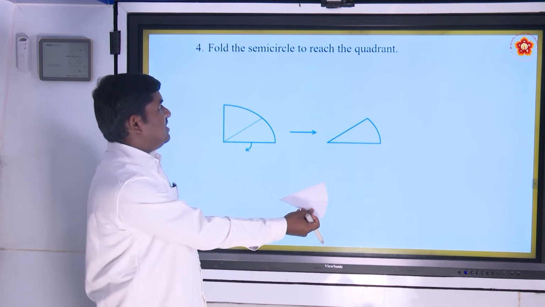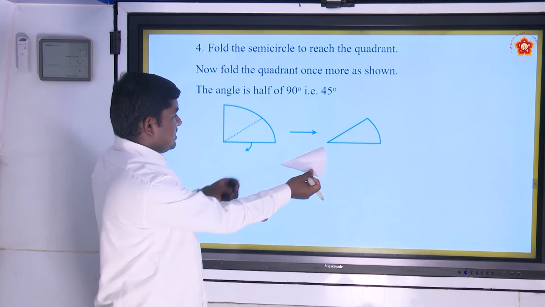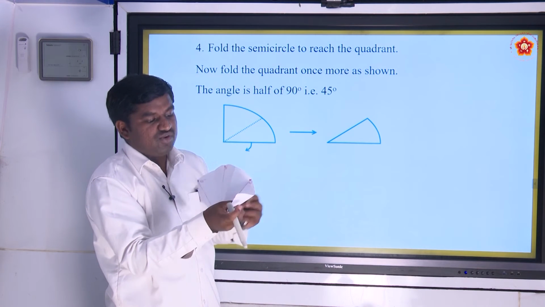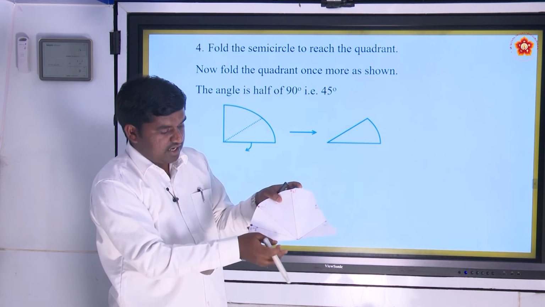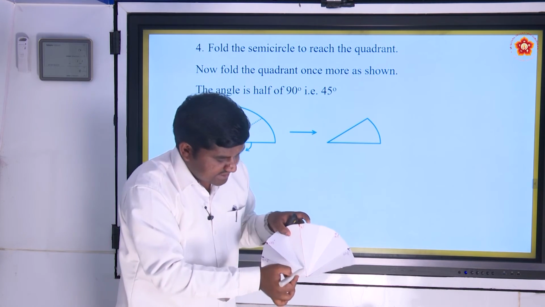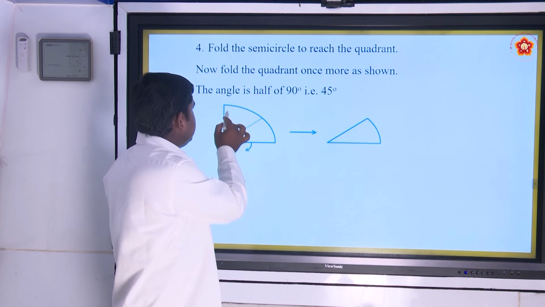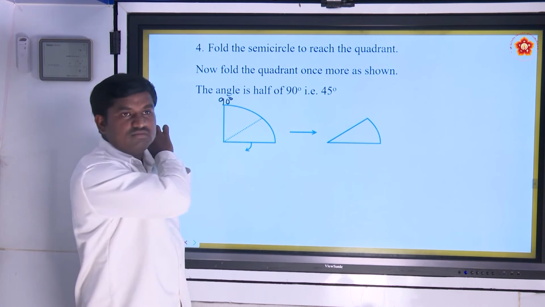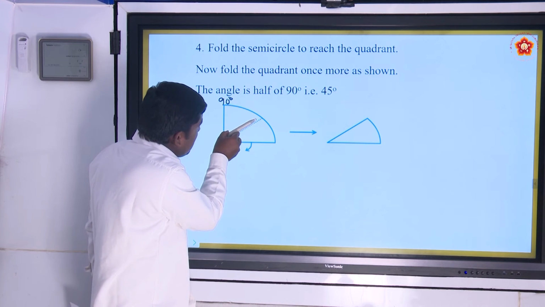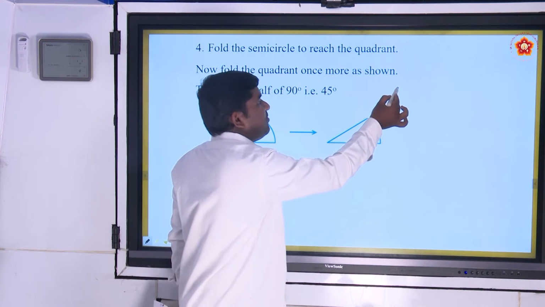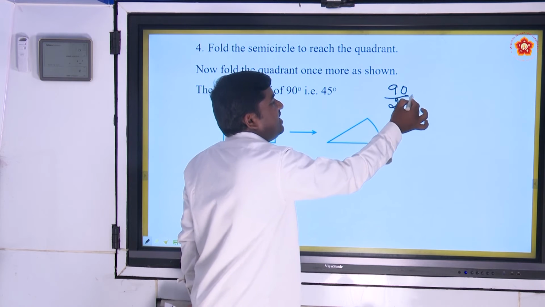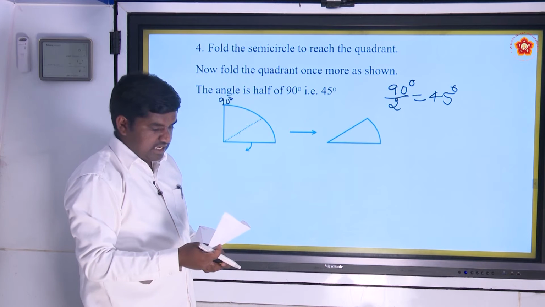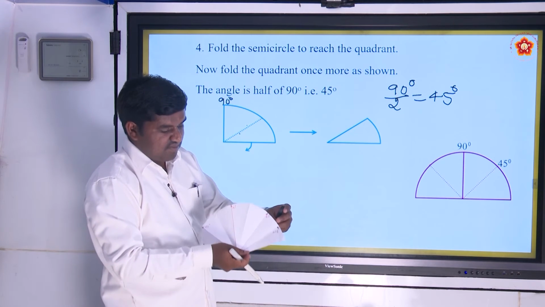Then this is this angle. Then open it. You got 2 lines here and here. What we did, see, this is 90 degree, you know. We take half of 90 degree, that is 45 degree, and write it from the left baseline.